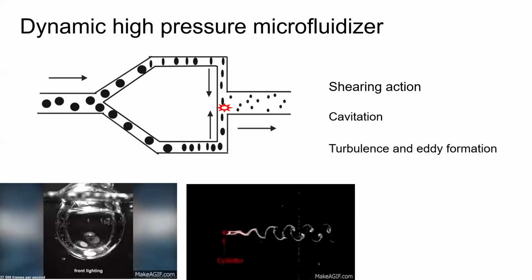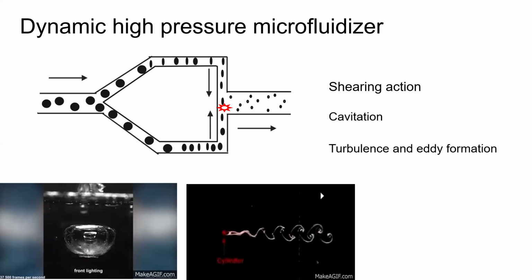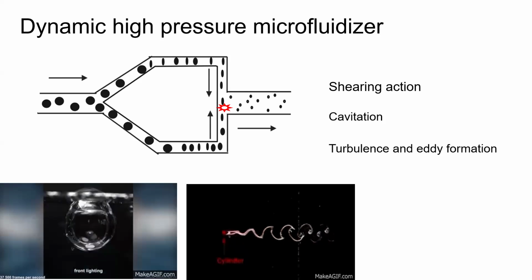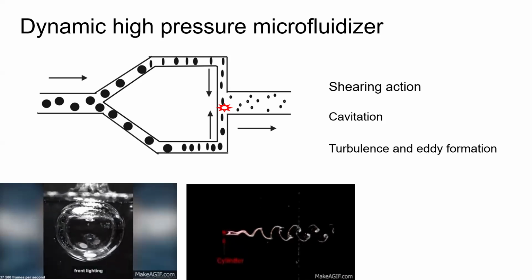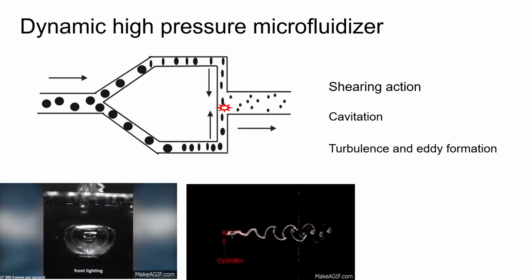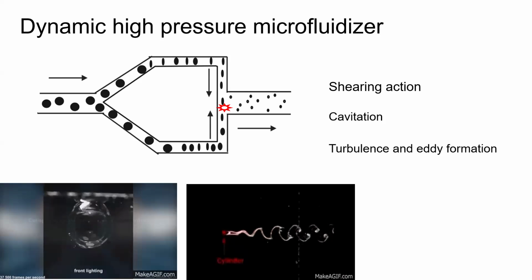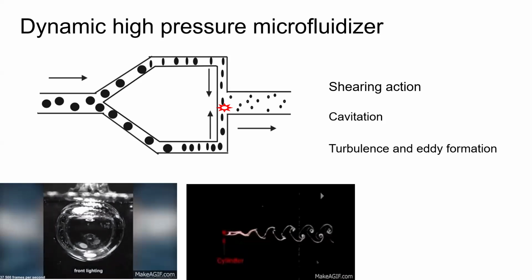When this sample goes at a high velocity through these small chambers, it creates a turbulence where the velocity of the liquid is very high. And also due to the pressure difference, this kind of small swirling formation happens, which can also impact the sample and create smaller particles.